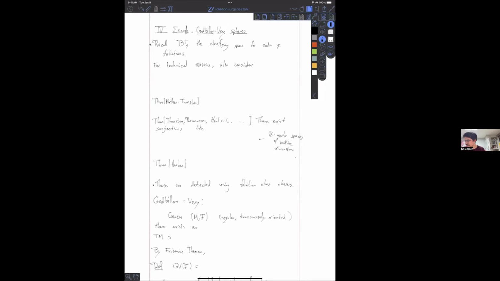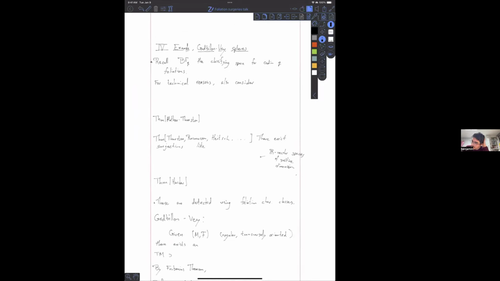This one will have to go fast, but here, maybe if I get to an example of that obstruction to closing up. So we have this classifying space, B gamma Q. I want to consider a slight variation. I'll call it F gamma Q, which is the classifying space of foliations with trivial normal bundle.